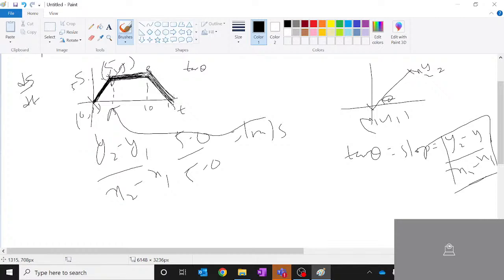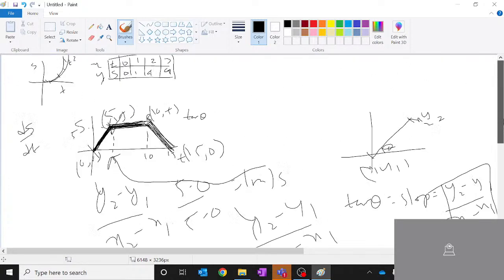Now, similarly, if I am asking you to find the velocity at this point, what is this equation? Tell me. This is nothing but 10 comma 5 at this point, whereas this is 15 comma 0. So here my y2 minus y1 divided by x2 minus x1. At this point, what is my y2?